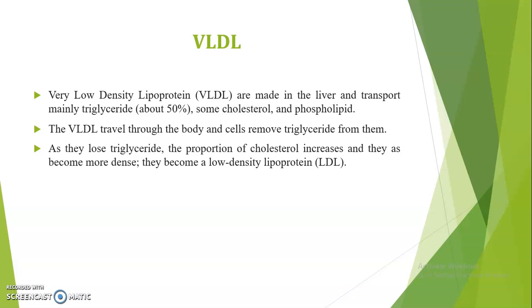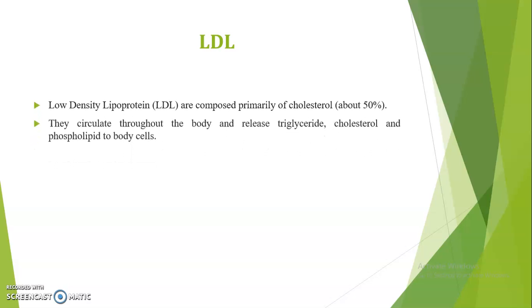Means VLDL will be broken down into the LDL, that is the low density lipoprotein. Low density lipoproteins are composed primarily of cholesterol. About 50% of the cholesterol is present in the LDL. They circulate through the body and release the triglyceride, cholesterol and phospholipid into the body cells.